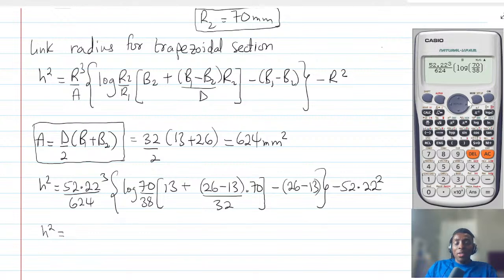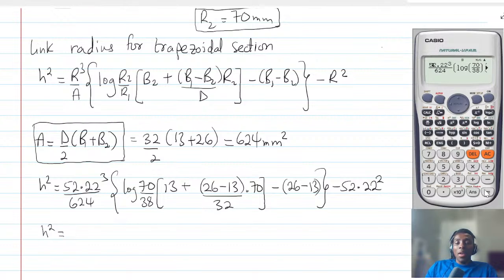And then that same log of 70 over 38 will open again and come and multiply 13 plus 26 minus 13 divided by 32 multiplied by 70. So there will be a bracket which will be closed here, but then minus 26 minus 13, and then another bracket will come.